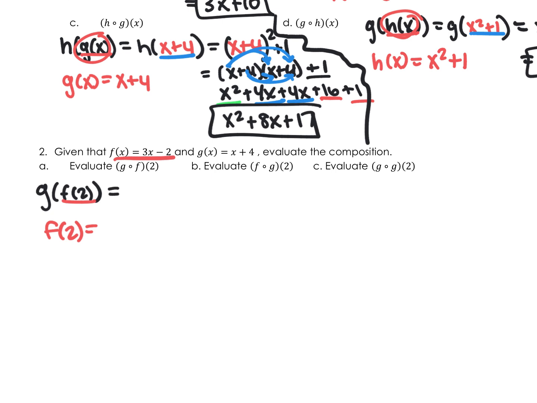So you'll have 3 times 2 minus 2. And so that'll be 4. That's not your final answer, so plug that in here for f of 2. Then find g of 4, plug that into your g equation, and you get 8.